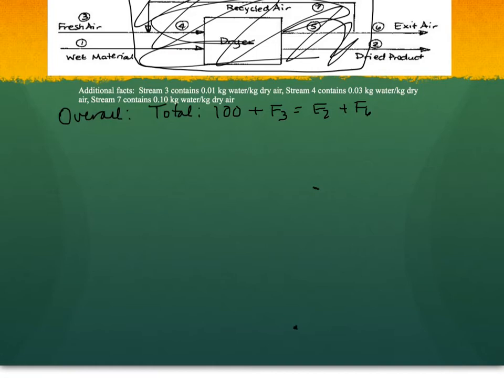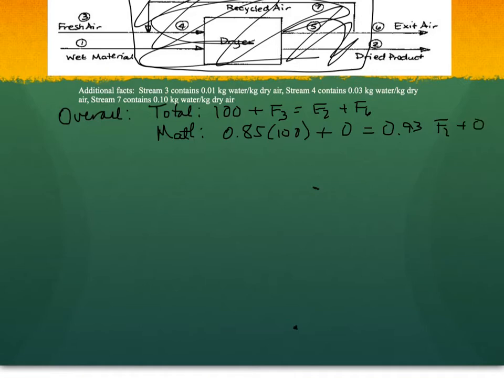I also could do a solid material balance. Sort of weird sounding, isn't it? Remember, it was 85% of stream 1. There are no solids in stream 3, and it's 93% of stream 2, and no solids in stream 6.